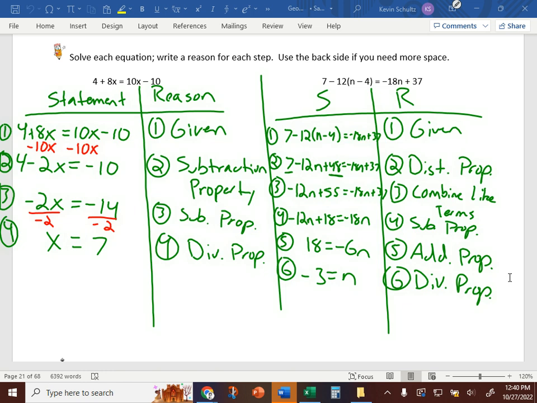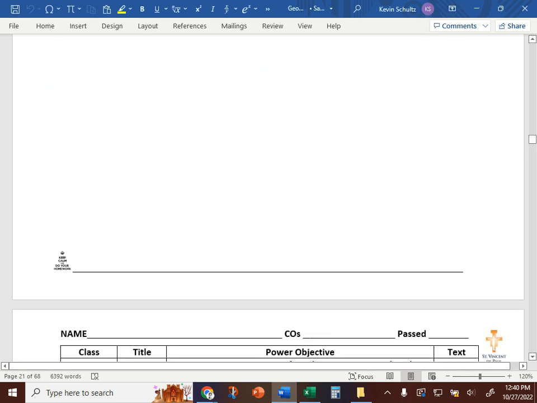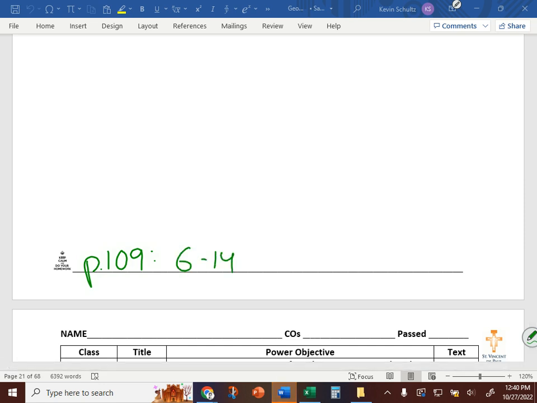Homework for tomorrow's a retake day, and so for Monday, on page 109, six through 14.